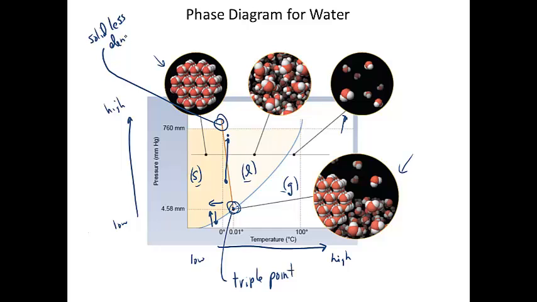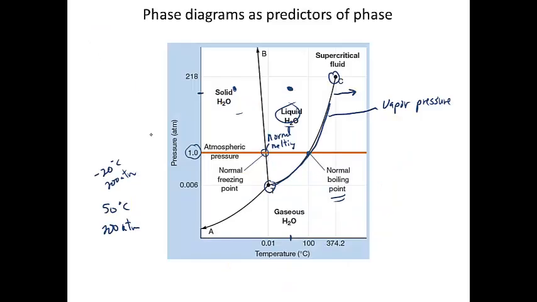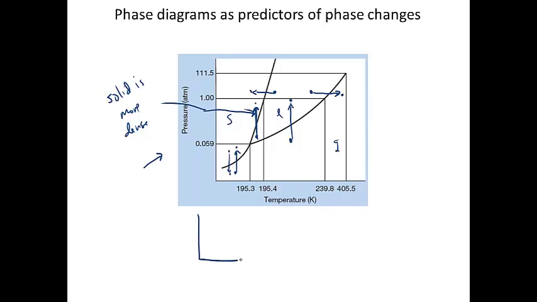Water and only a couple other substances in all of nature have this property. So what's special about water is the solid-liquid line actually tilts to the left, whereas for basically all other substances, that line goes that way. And that's it for phase changes.